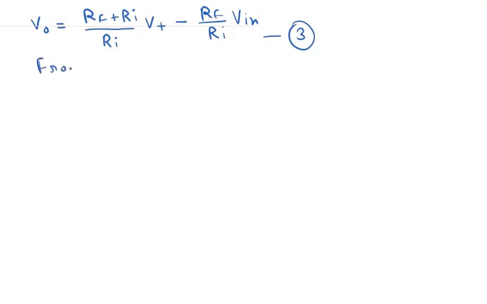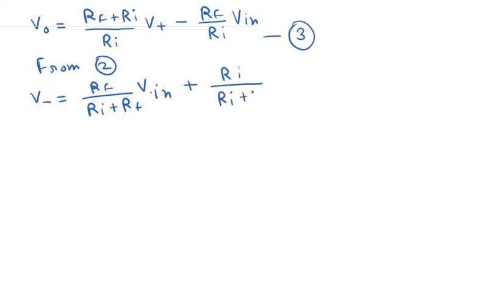So from 2, V minus is equal to Rf divided by Ri plus Rf V in plus Ri divided by Ri plus Rf V0. Okay, now we just put the value of V0 from equation number 3 here. So we just replace this V0 here by equation number 3.